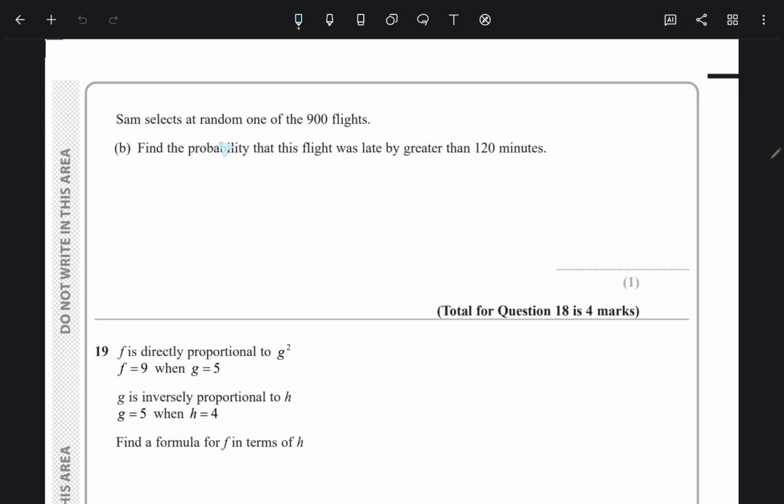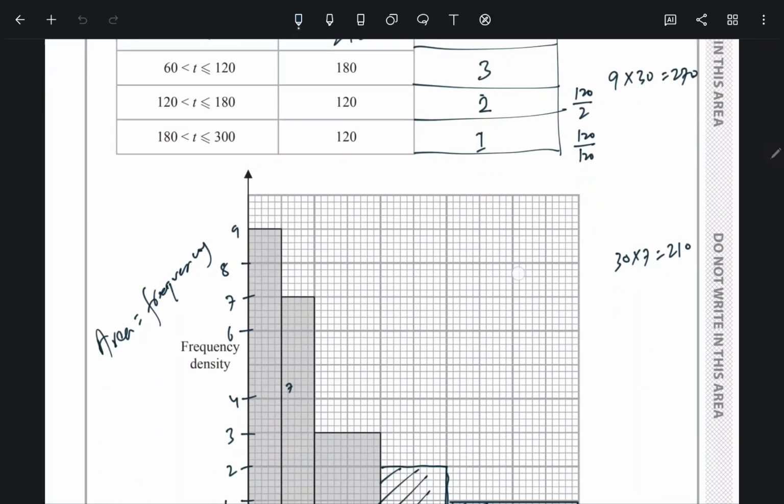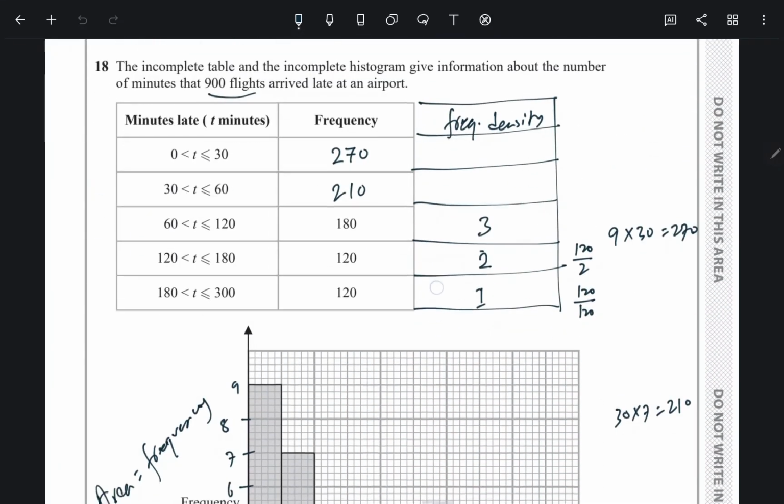18b says Sam selects at random one of the 900 flights. Find the probability that this flight was late by greater than 120 minutes. So to find the probability from a histogram, we have to think about the areas. Okay, so let's look at the histogram greater than 120 minutes. We already have the table as well.